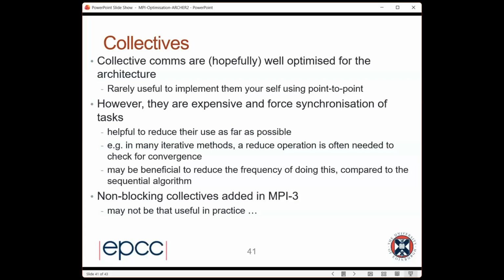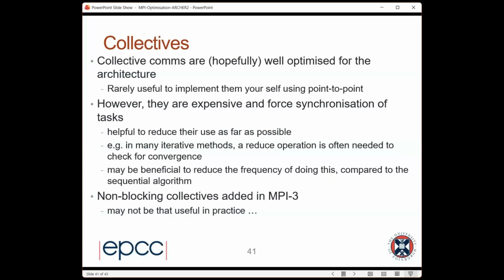There are non-blocking collectives available. I said that the way to avoid additional synchronization overhead in point-to-point communication is to use non-blocking calls and do as many of them as possible. There are non-blocking collectives in MPI where, rather than saying do this reduce, you can say please start doing this reduce, and I'll come back later and get the result when I need it. In practice, I have very, very rarely seen any benefit from non-blocking collectives.